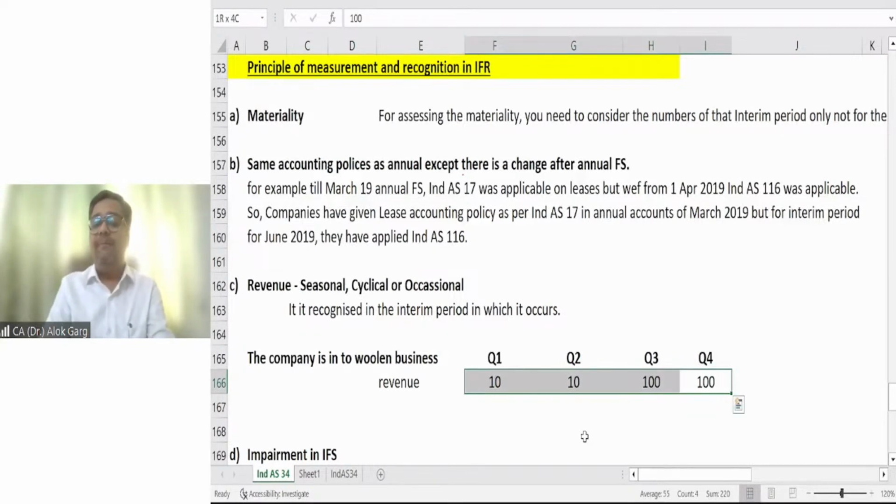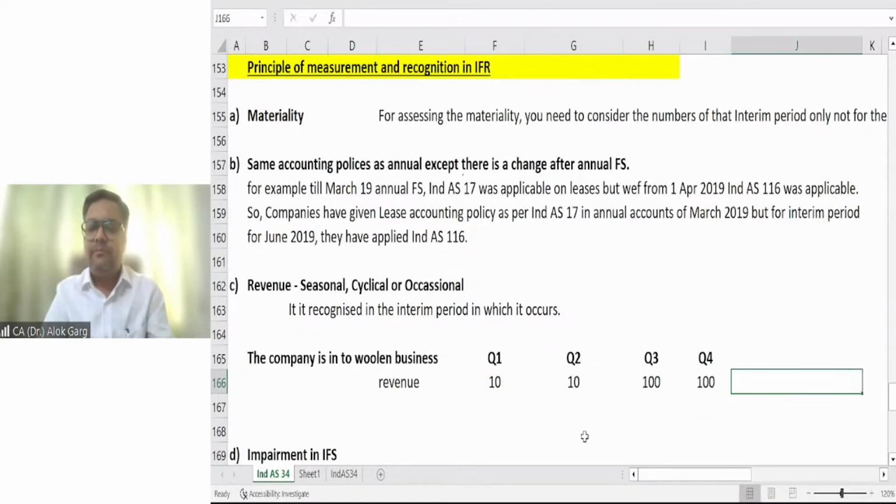So let's say the company expects that in the full year, the company will earn revenue of 220 crores. So whether the company will accrue the revenue evenly in the 4 quarters, meaning 220 divided by 4, 55 crore every quarter, or the actual revenue which is earned in the respective quarter has to be disclosed.